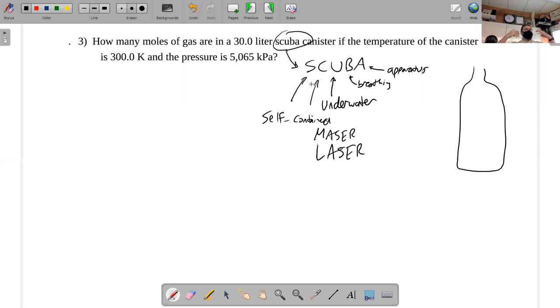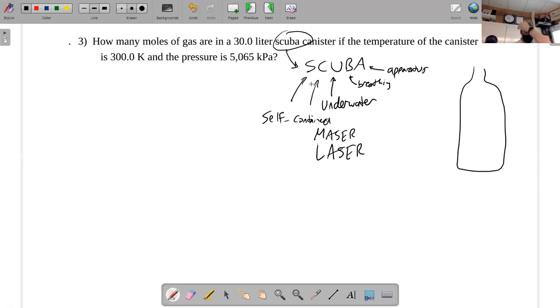You got a self-contained mask. You just go into a fire and not breathe the smoke. It's just the same as you can go underwater and not have to worry about water getting in there and aspirating water. It works just as well and actually a lot easier if you're in a smoke-filled room. Just got to keep the smoke out of the mask, same as you keep water out of the mask.